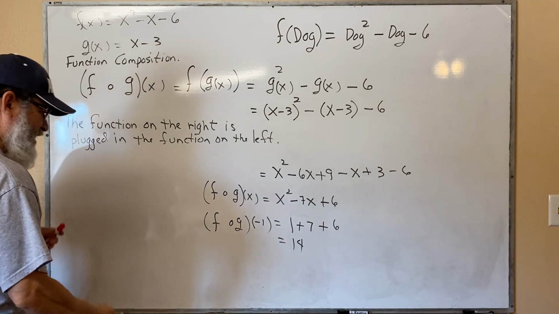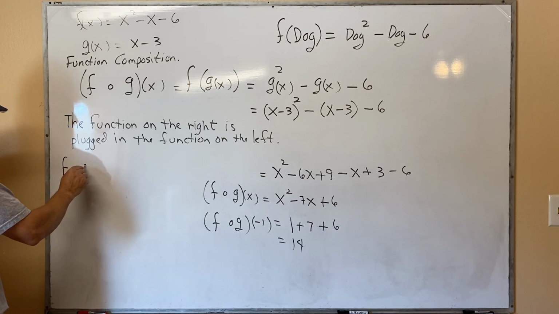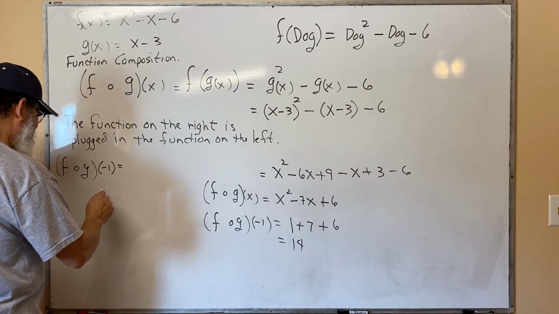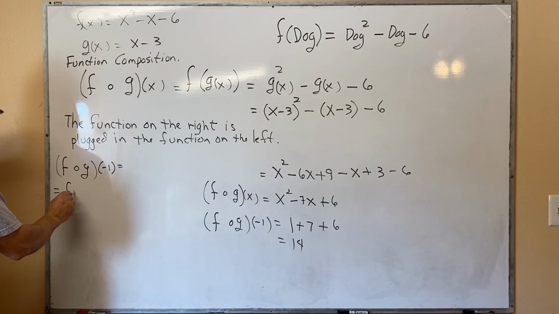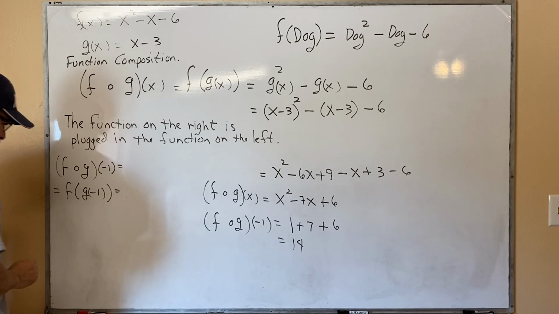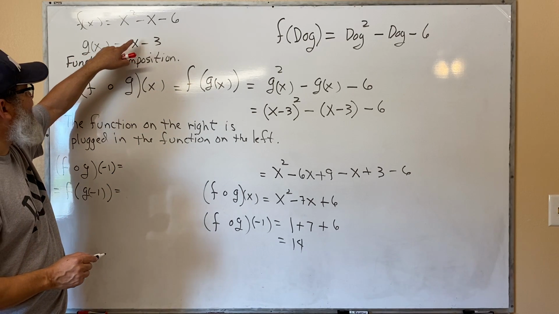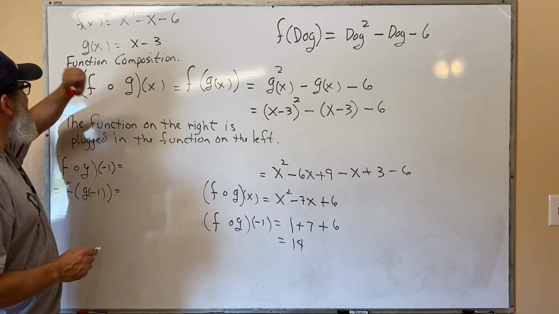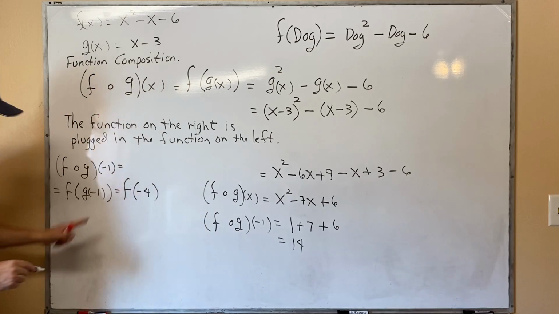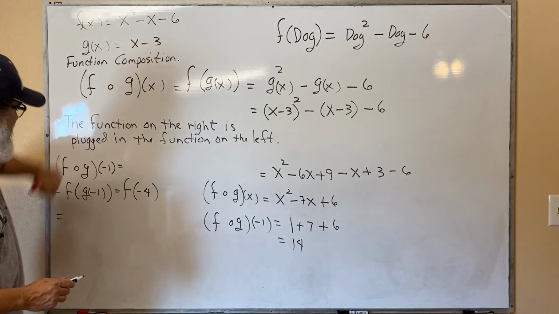Is there another way to do this? Yes, there is. Watch this. F of g of -1 is the same as f of g of -1. What's g of -1? That's -1 minus 3. G of -1 is -4. Then f of -4. What's -4 squared? 16.